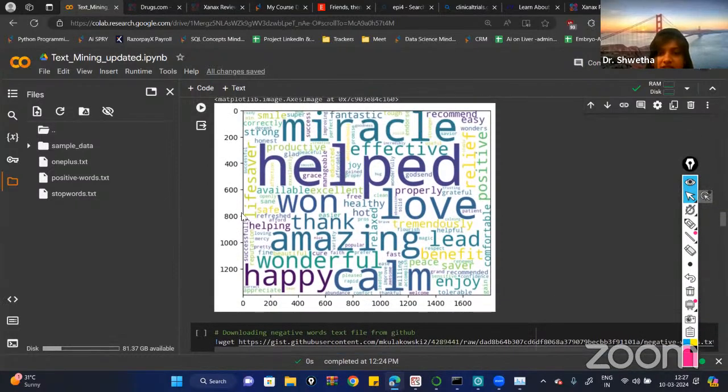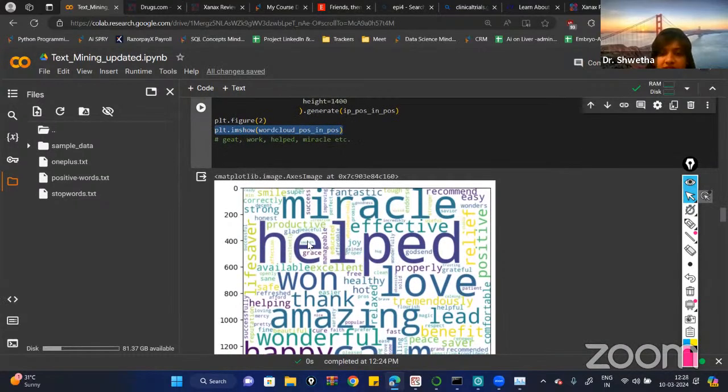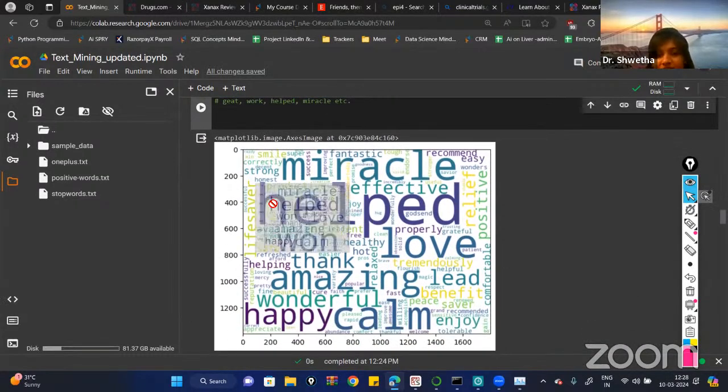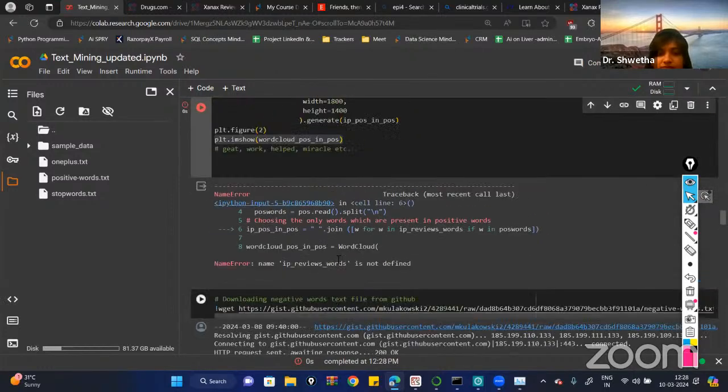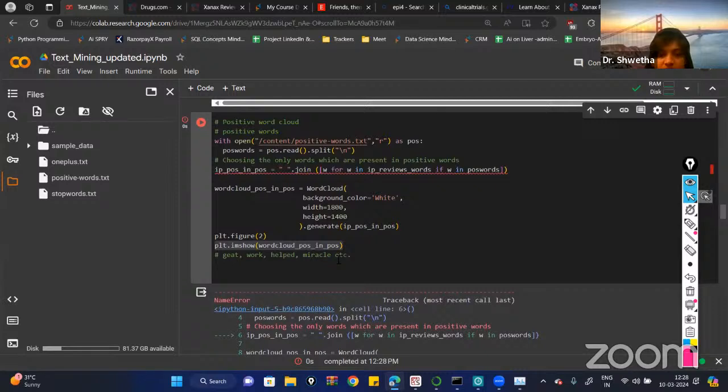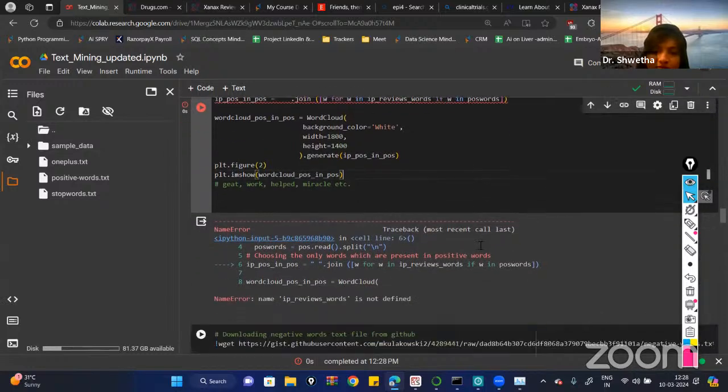Okay. These are the positive words. It helped is one positive feeling people felt. So this is the most repeated or frequent word. Miracle, amazing, wonderful, calm, love, one. All these are the positive words.